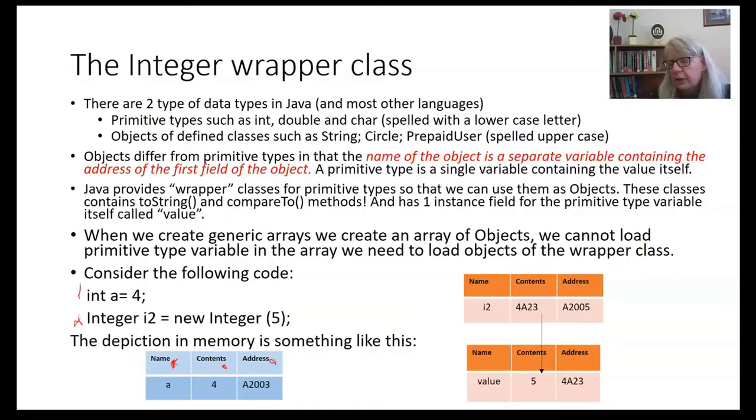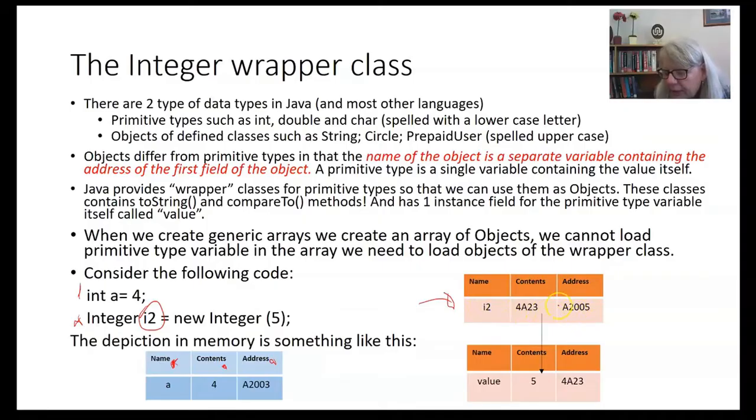If you look now at the orange, first look at that orange sentence there at bullet 2. The name of the object is a separate variable containing the address of the first field. Let's have a look here. The name of the object is a separate variable, almost like the primitive one. Its name is the name of the object.